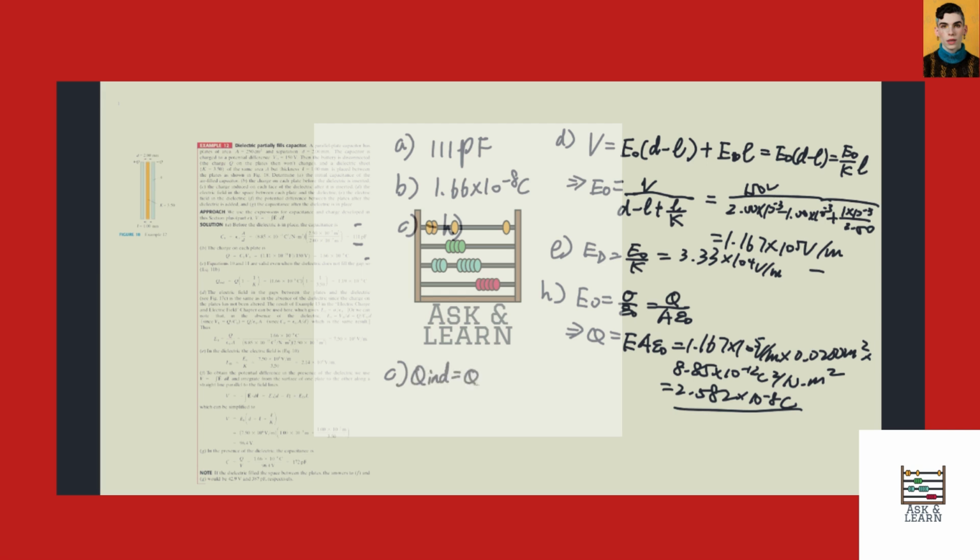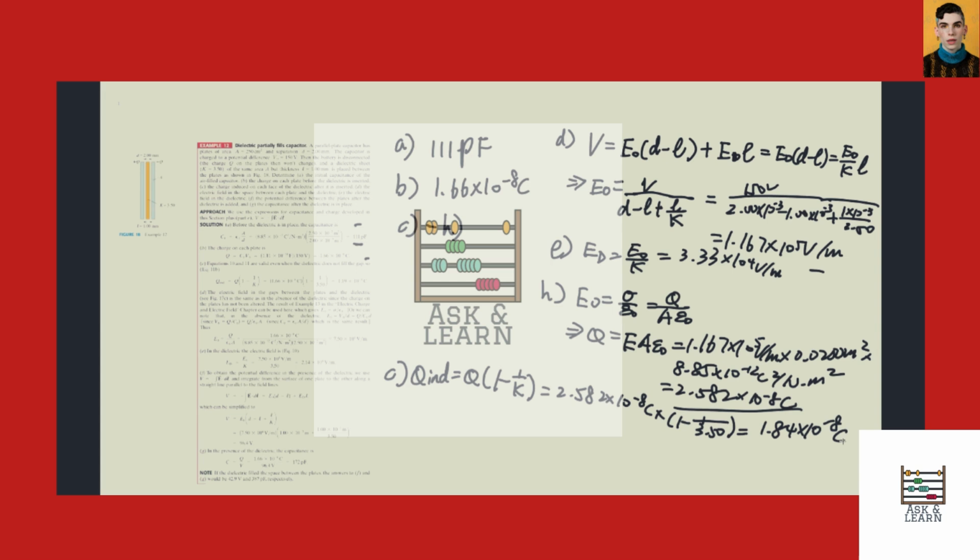Induced charge is the total charge times 1 minus 1 over K, which is 2.582 times 10 to the negative 8 coulomb times 1 minus 1 over 3.5, equals 0.84 times 10 to the negative 8 coulomb.